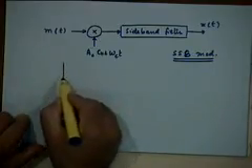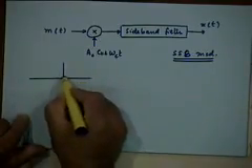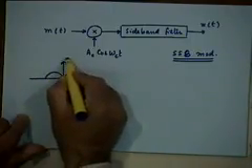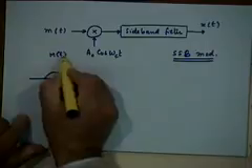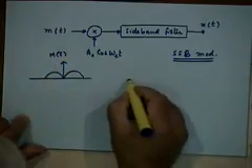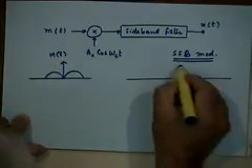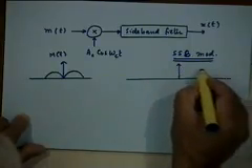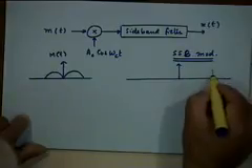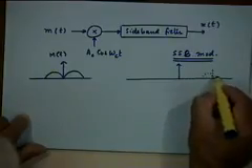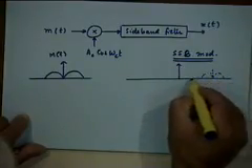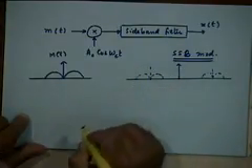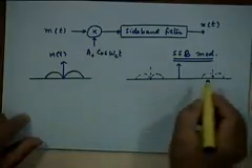Let's look at the whole thing in the frequency domain. Let's say this is the spectrum of the message waveform, M(f), right? And the modulator output, if at this point you would have got something like this, right?